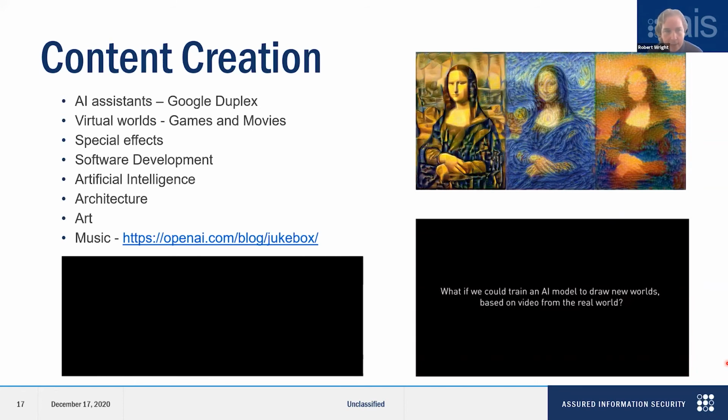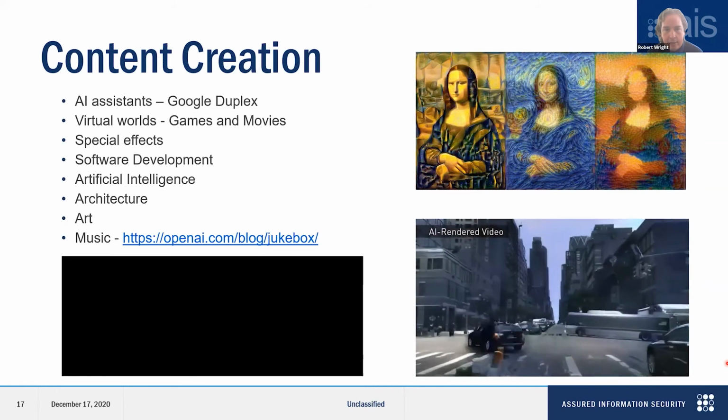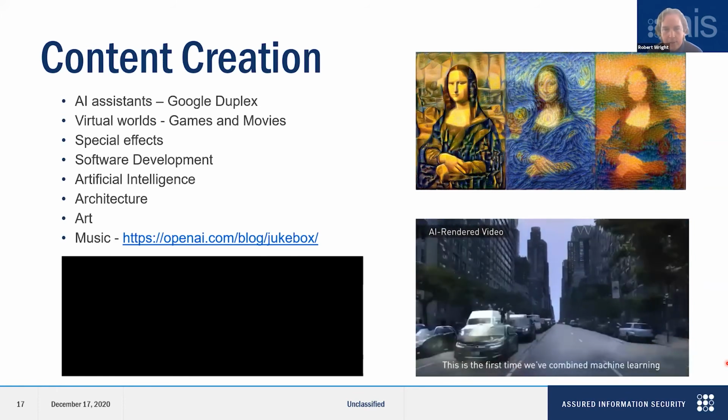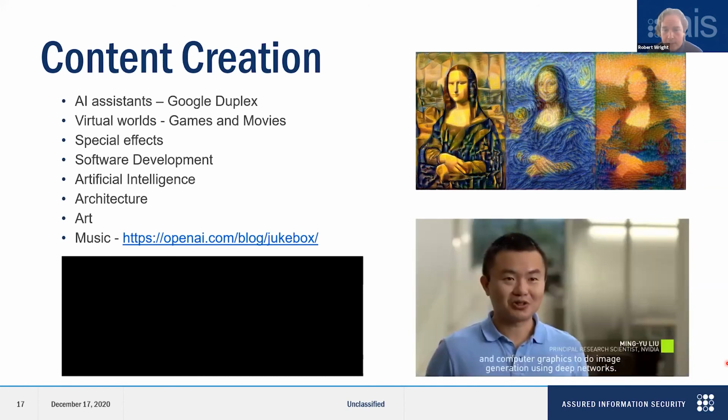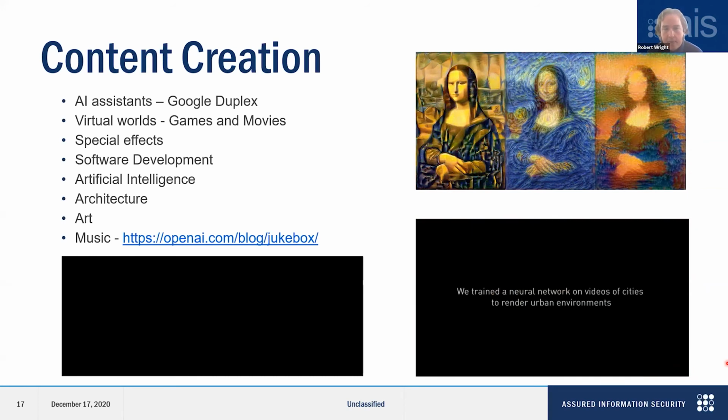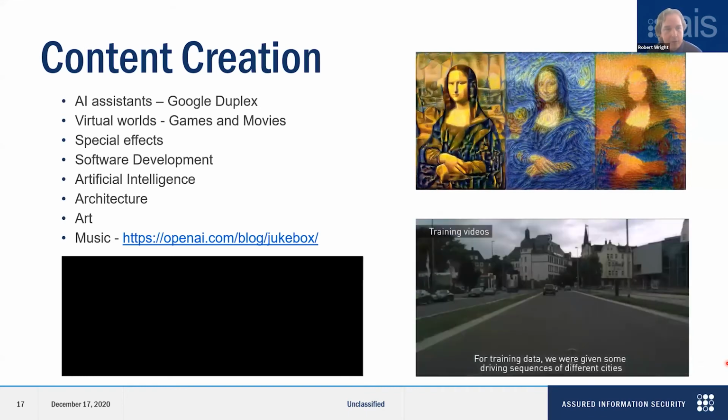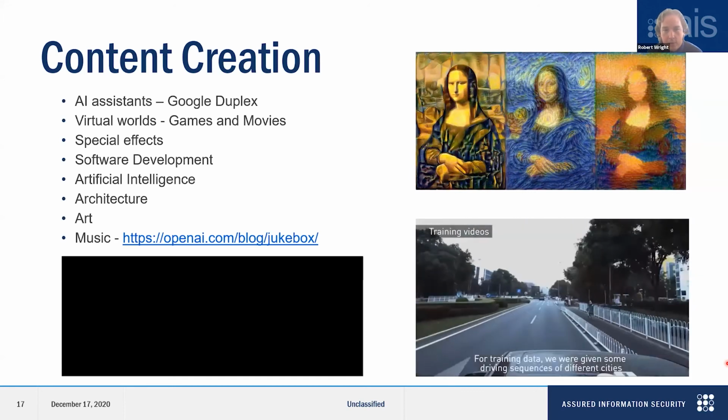So things like AI assistants, like the Google Duplex technology, which can place phone calls, like order reservations on your behalf. And if it wasn't for the fact that it would announce that it is a robot, you would be hard pressed to say whether or not you were talking to a real human on the other end.